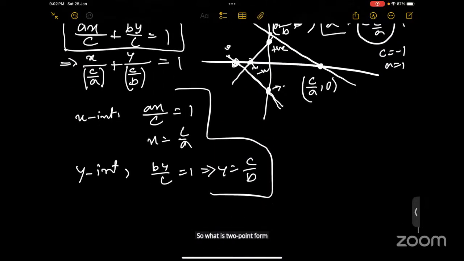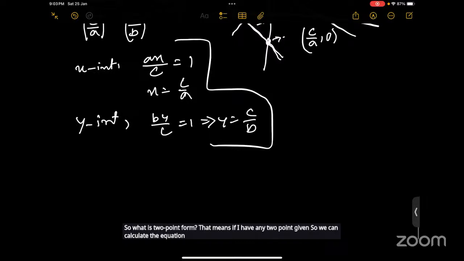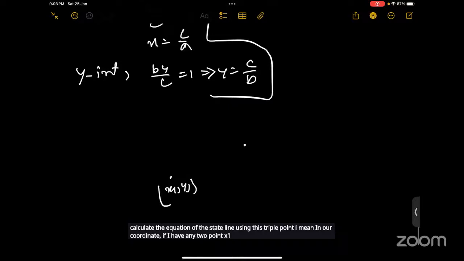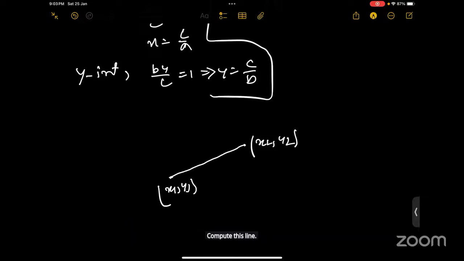That means if I have any 2 points given, we can calculate the equation of the straight line using these 2 points. I mean, in our coordinate, if I have any 2 points x1, y1, and x2, y2, then we can compute the line joining these 2 points. And what is the line?